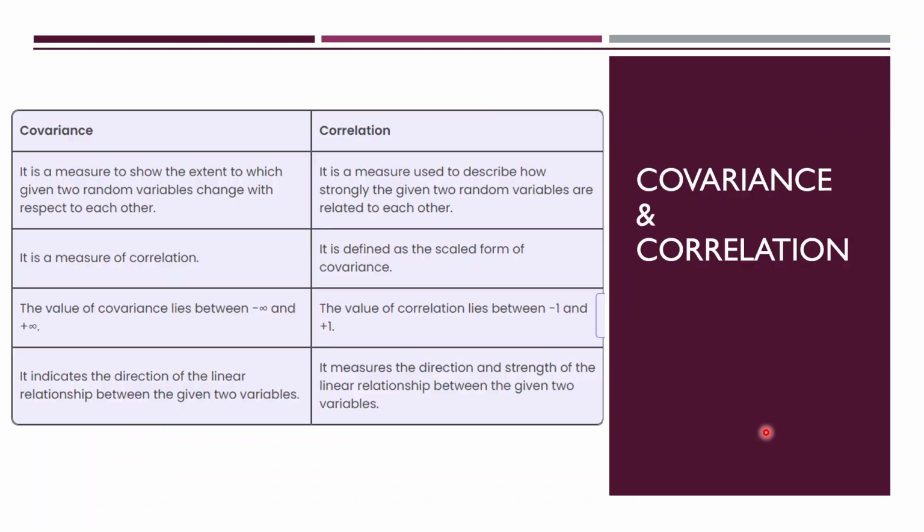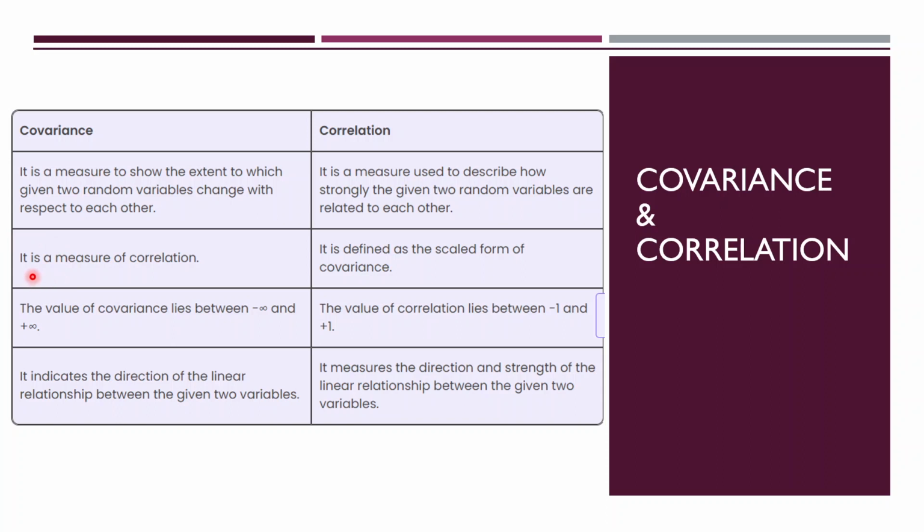So, the difference between covariance and correlation. Covariance is a measure to show the extent to which two given random variables change with respect to each other, and correlation is a measure used to describe how strongly the two given random variables are related to each other.